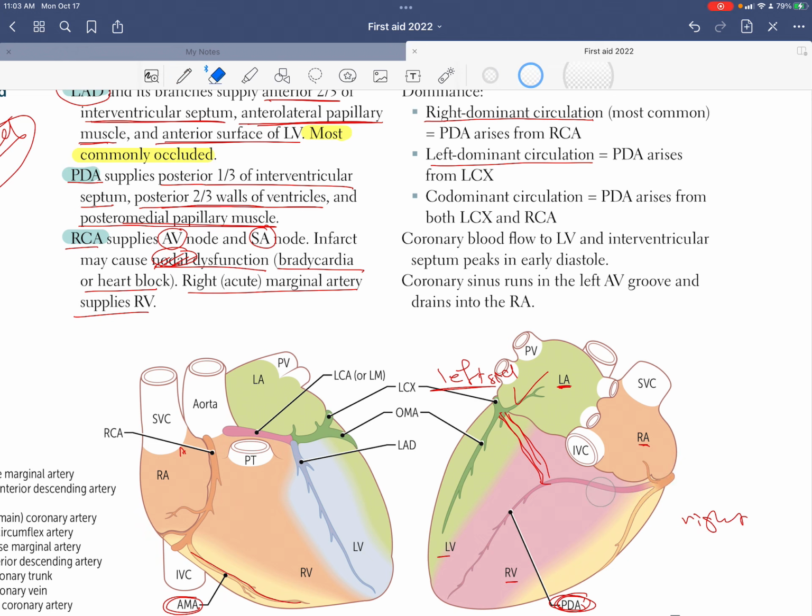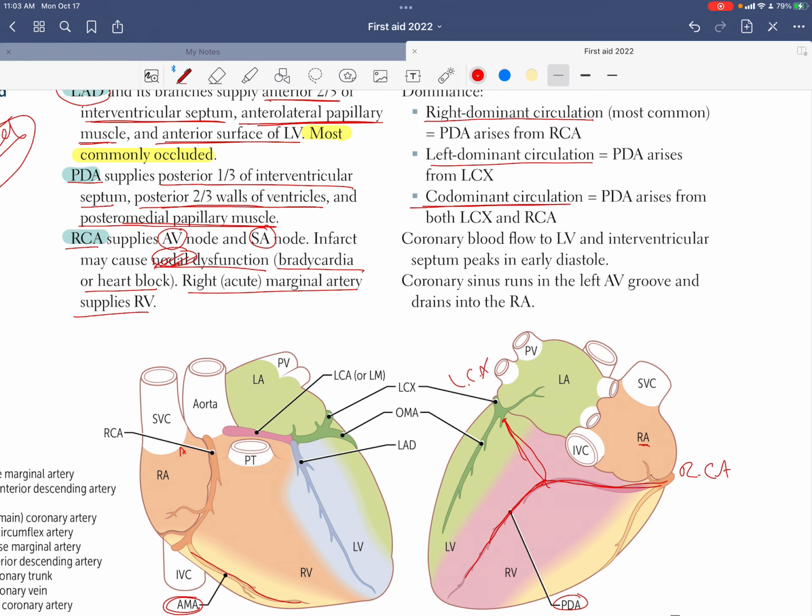In some people, this PDA comes from both arteries. So some people have this PDA coming from the right coronary artery and also coming off the left circumflex artery. So basically it comes from both. They both contribute to the formation of the PDA. This is considered codominant circulation, where the PDA arises from both the left circumflex artery and the right coronary artery.